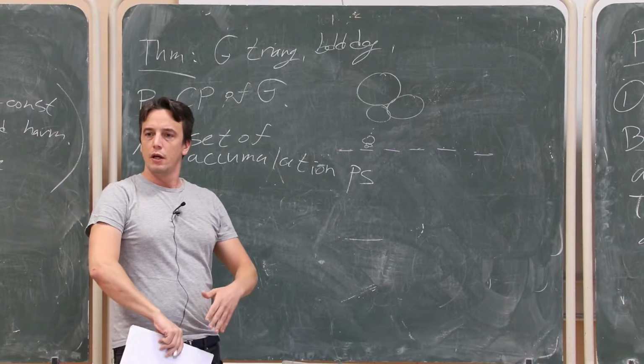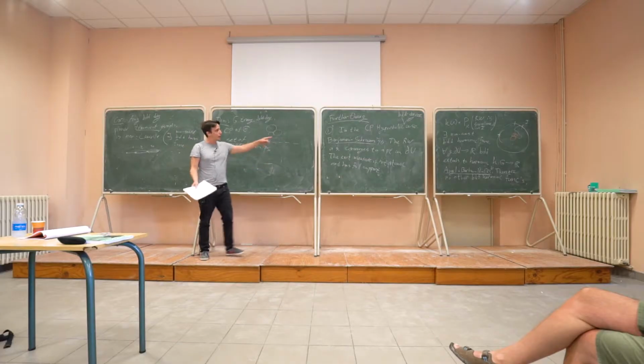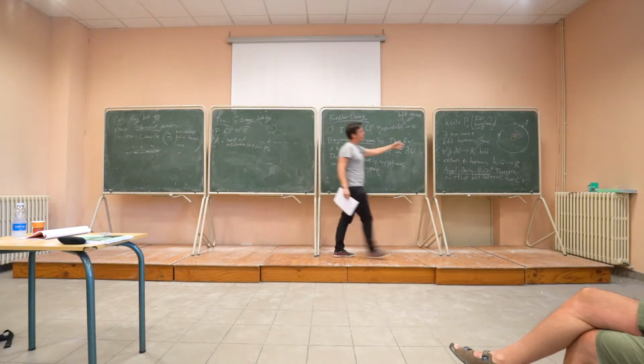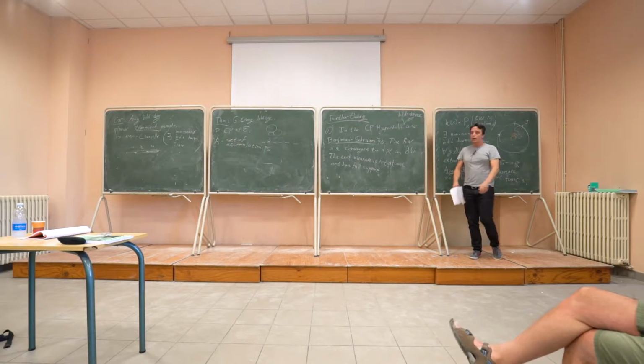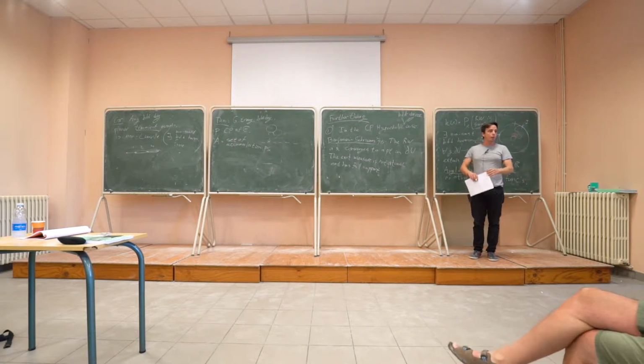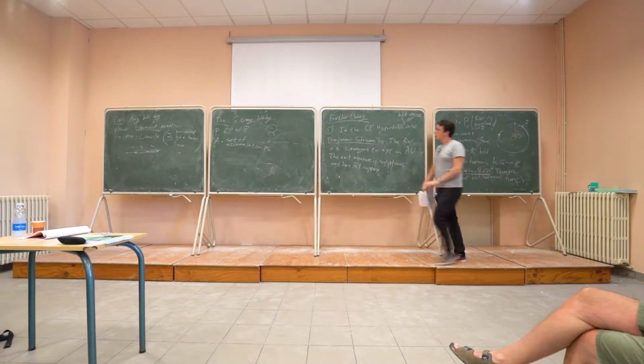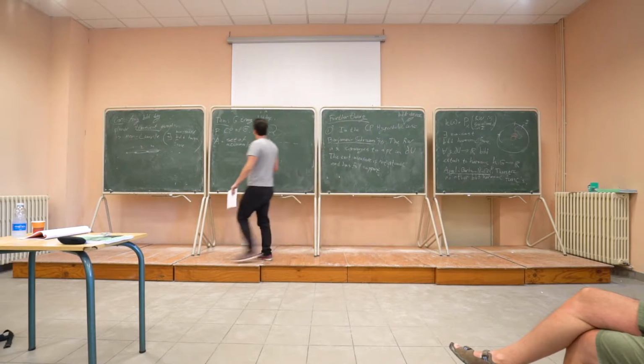So if we're in the CP hyperbolic case, the set of accumulation points is just the unit circle, the boundary. And if we are in the parabolic case where the circle packing is all of R2, then our set of accumulation points is just the empty set. And the theorem is as follows.